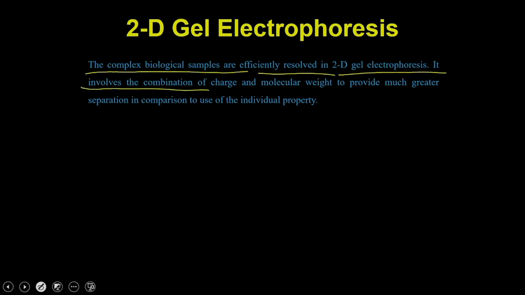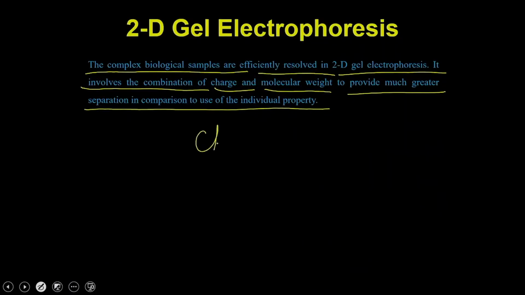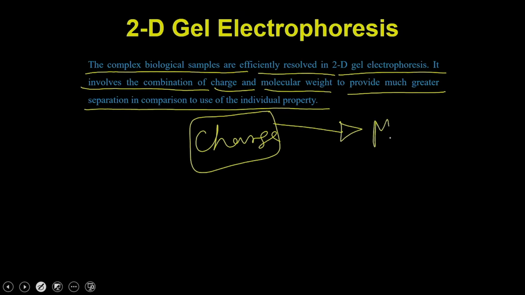It involves the combination of charge and molecular weight to provide much greater separation in comparison to the use of an individual property, which means you are first going to resolve the molecules based on the charge, and then you are also going to resolve them as per the molecular weight. Because of that, it is going to give you better separation.